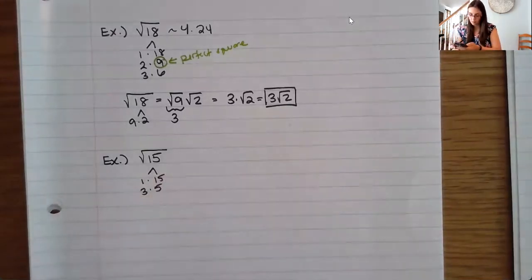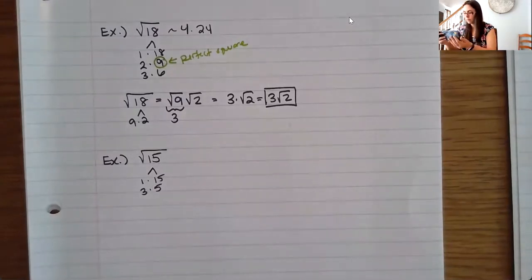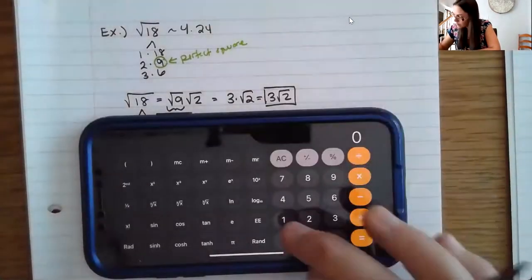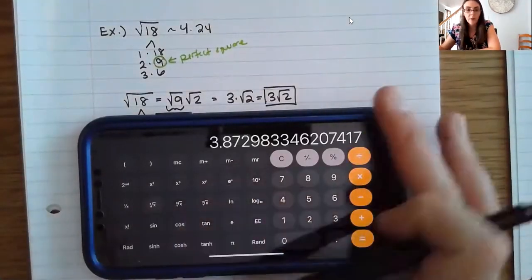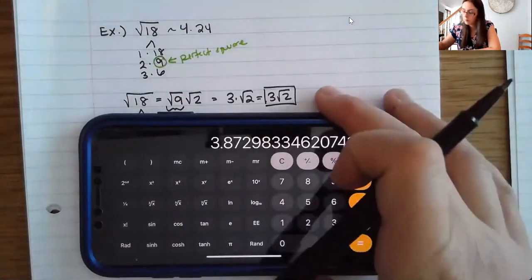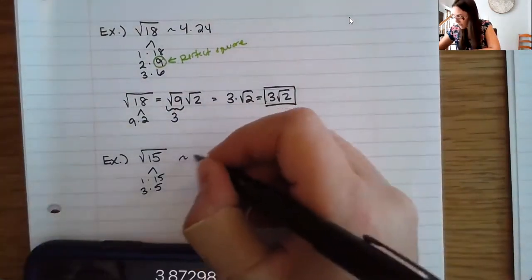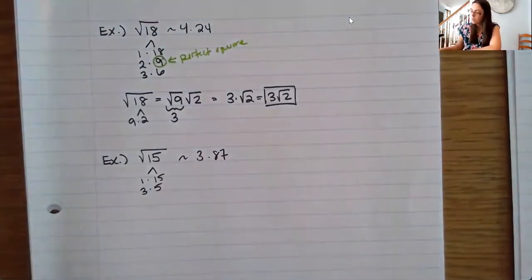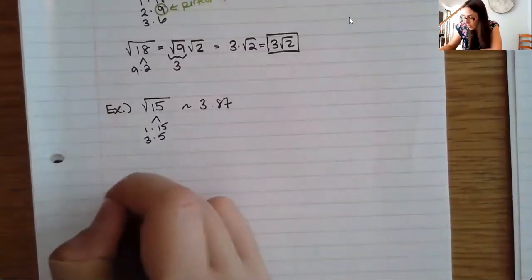Let's see, where did my calculator go? So it's about 3.87. And finally, there are other roots.